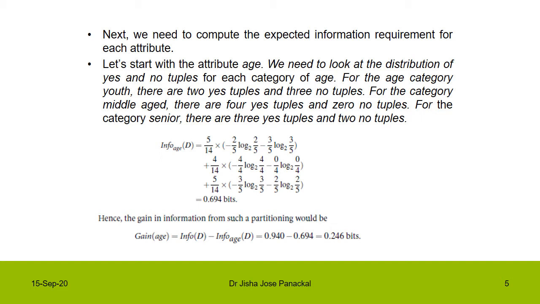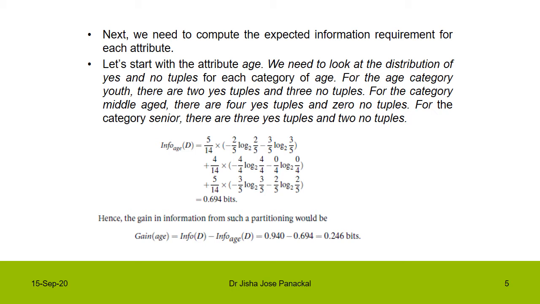Among 5 tuples we have 2 yes cases and 3 no cases. That is represented in the first line of this particular equation. Then we have to see the same for the middle-aged and senior cases. Finally, we get a value that is 0.694 bits.